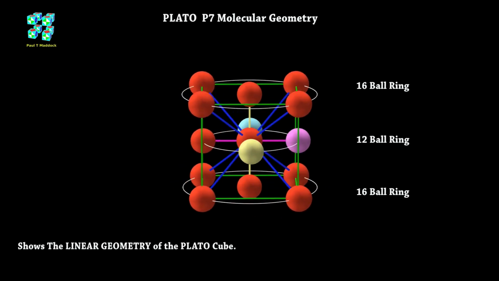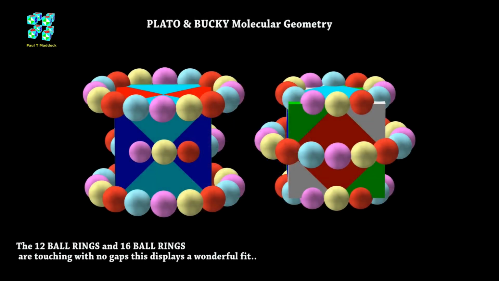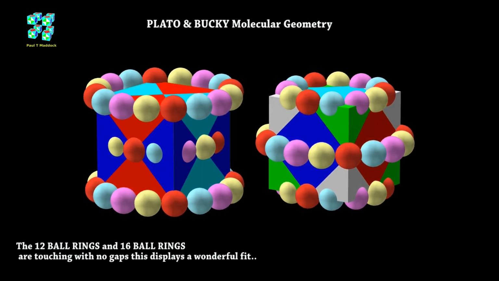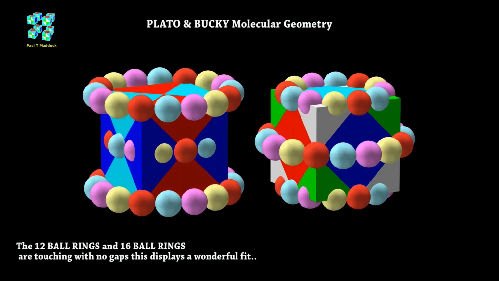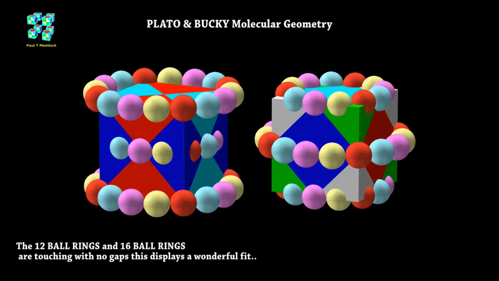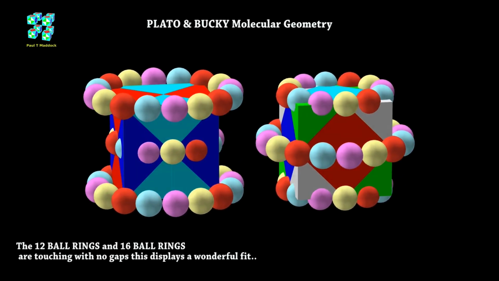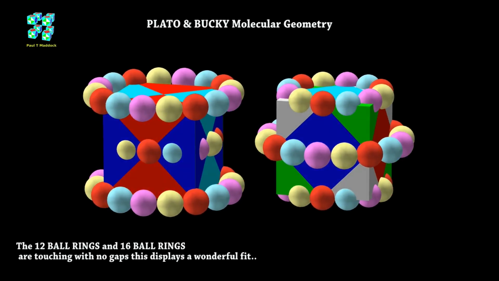Okay, in this next animation, I'm going to show you the Plato Cube and the Bucky Cube both rotating together. And I'm showing you the 12 ball and the 16 ball rings and how they all sit together.